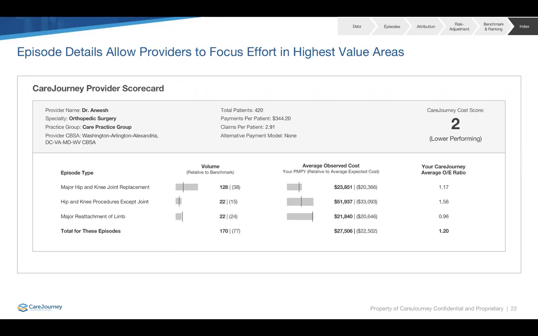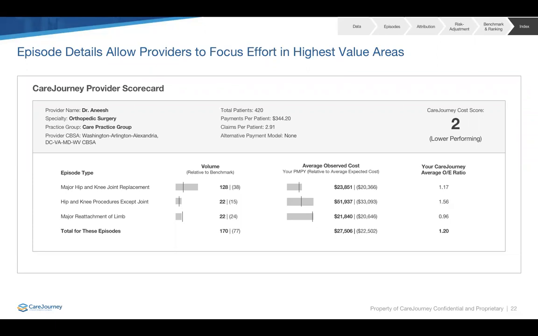And you can see as we go across the dashboard, if you will, this physician is deemed slightly lower performing, so just below market average, and has a higher than expected volume of knees and hips, but slightly more expensive on those procedures, especially the hip and knee procedures outside of joints.